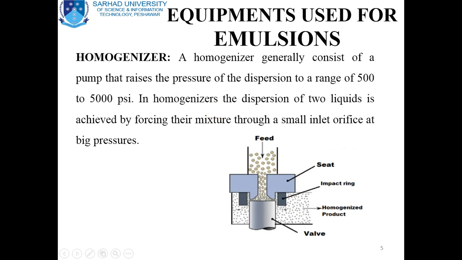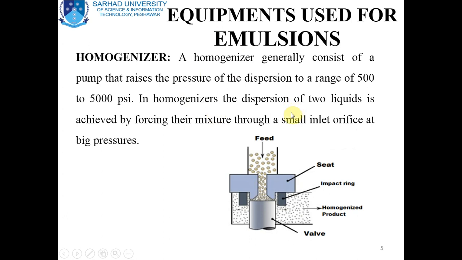As you know, a pharmaceutical emulsion is a biphasic dosage form. It consists of two immiscible liquids in which one phase is dispersed in the other in the form of small droplets or globules.